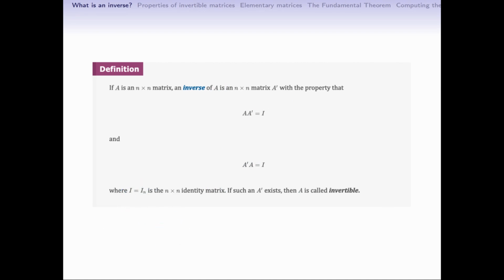Now, if such a matrix A prime exists, then we say that A is invertible. So, whether or not A is invertible depends on whether or not a matrix A prime exists that satisfies both of these equations. And as we shall see, some matrices are invertible, some matrices A have inverses, and others do not.